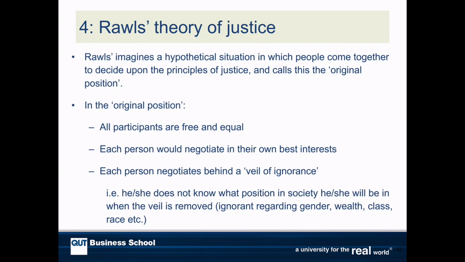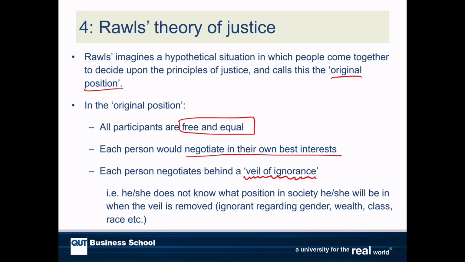So Rawls's idea is based upon something called the original position. In the original position, everyone is free and equal. Each person can negotiate in their own best interests. Each person negotiates behind, and this is a really critical concept, the veil of ignorance. What does that mean?